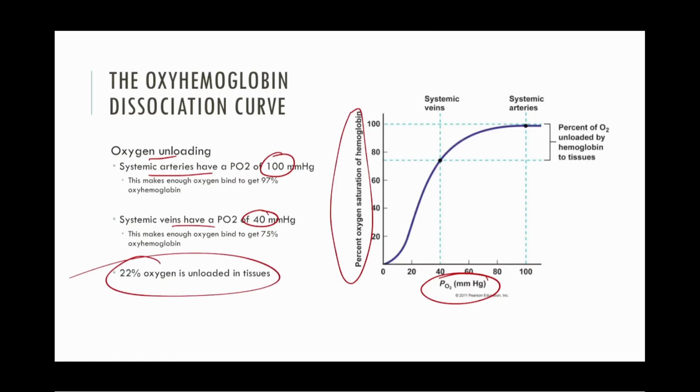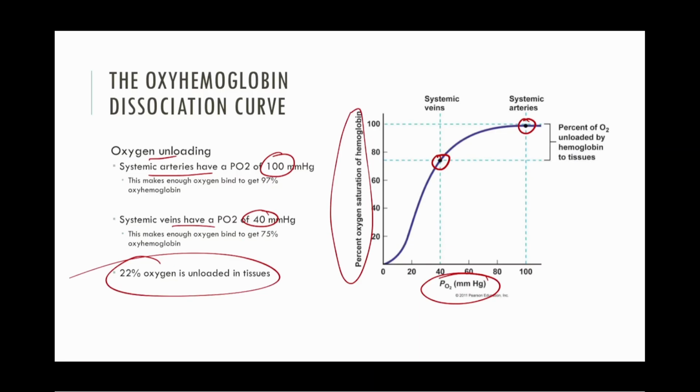So 22% of our oxygen is unloaded in the tissues. You can see here is where we are PO2 with the systemic veins, and there we are with the arteries. So 100 to like, 70 something? That's kind of like what happens in the body. So this is the curve.